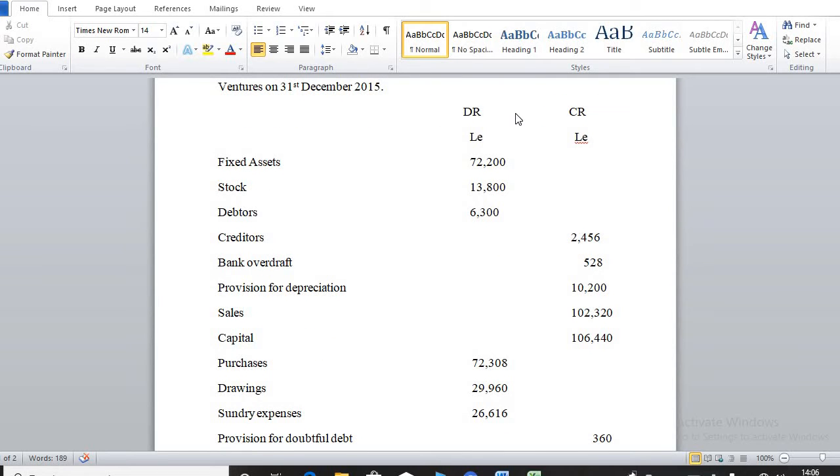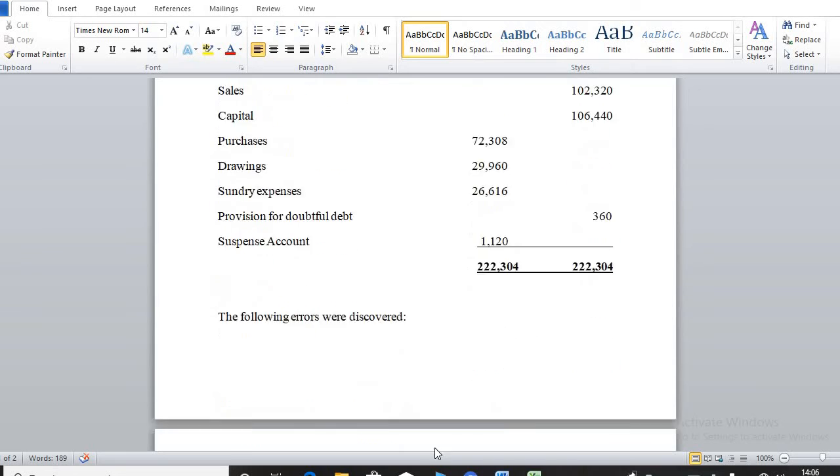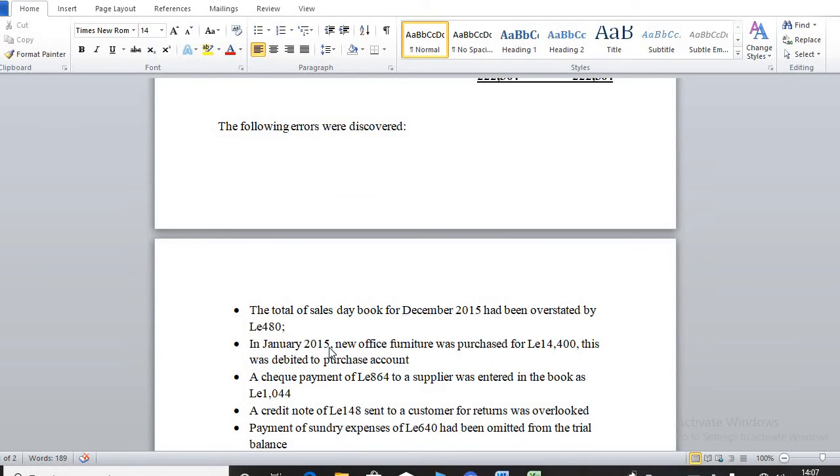But because we have two main accounts being affected by the error committed, there is no need for us to introduce a suspense account.